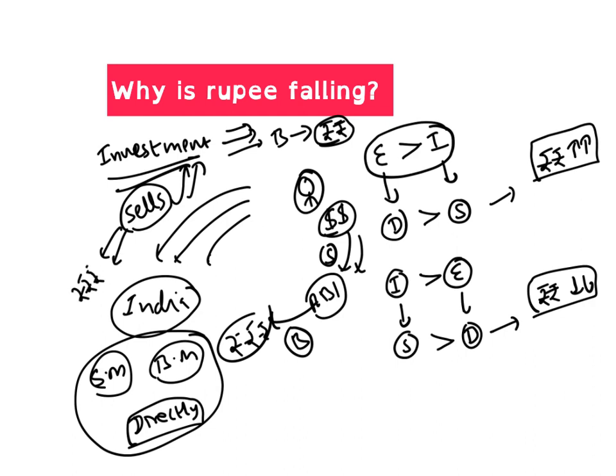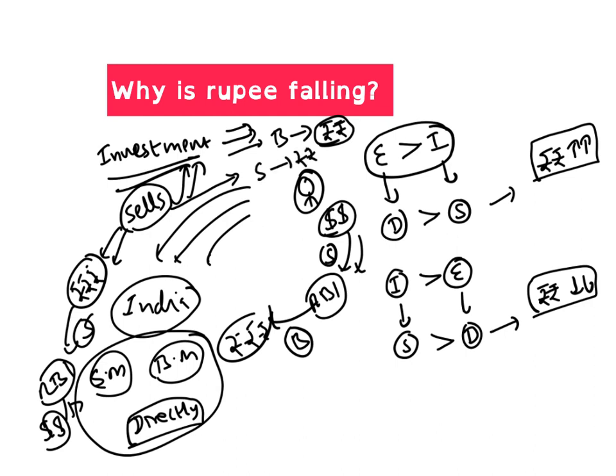But what will he do with rupees in his own country? So he will go to RBI. He will sell those rupees and buy dollars. So whenever someone is selling investment, selling of rupees takes place. Are you getting this? Very, very important aspect.